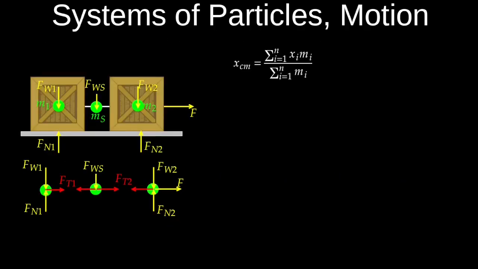Suppose we have 2 blocks sliding along a frictionless surface, then we can treat this as a system and isolate it as a free body. So here we have the external forces acting on the system. And we've drawn a free body of each component in the system, being the 2 blocks and the string.